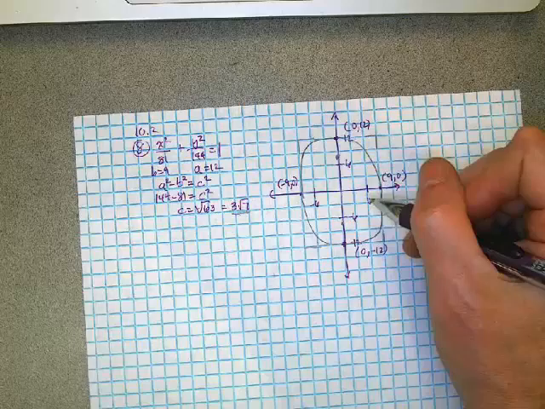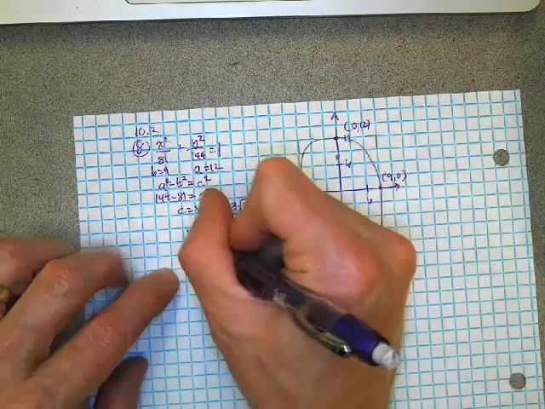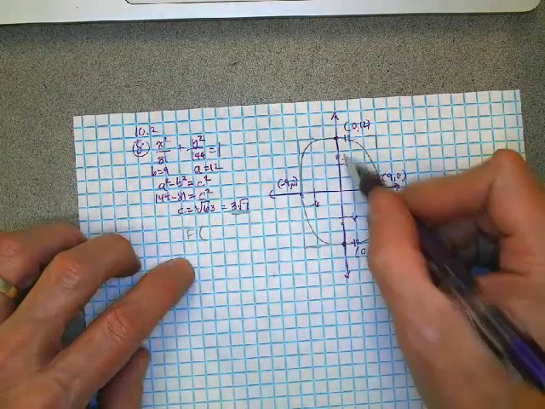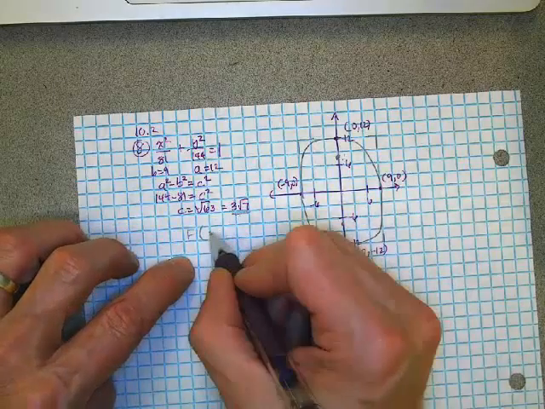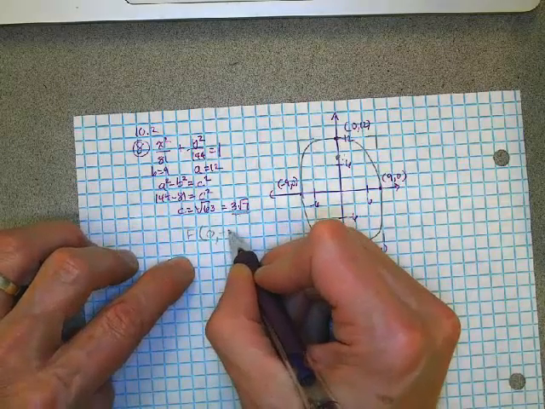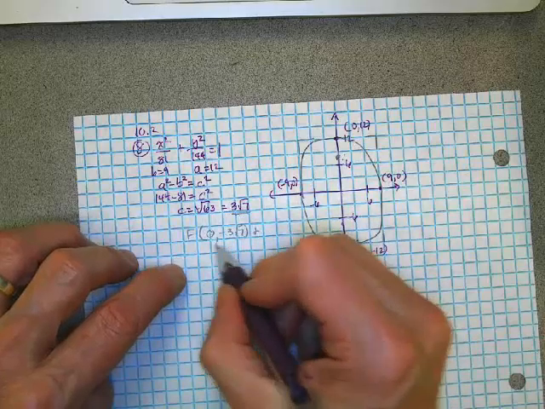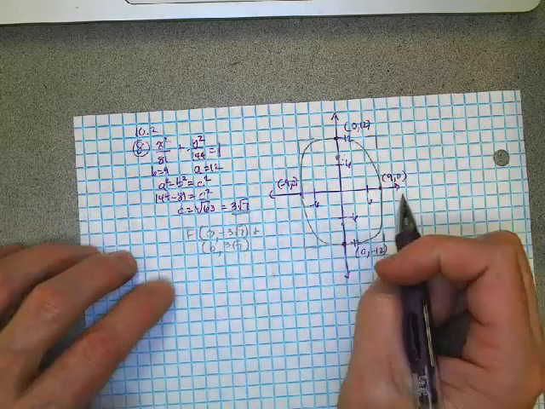And so my foci's location is the center plus or minus that attached to the y. So the center was at 0, 0, so it's going to be 0, negative 3 root 7, and 0, 3 root 7. Those are my foci. Okay, and that's number 8.